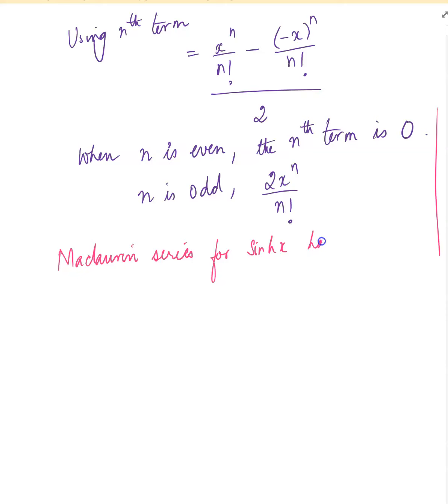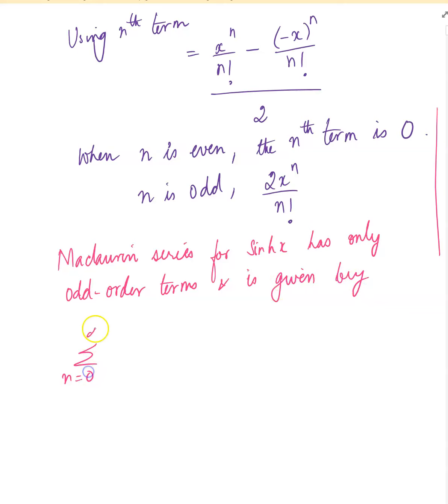So it has only odd order terms and is given by the summation n from 0 to infinity of x power 2n plus 1 over 2n plus 1 factorial. Because of the odd power, you have the plus 1 to skip the even positions.